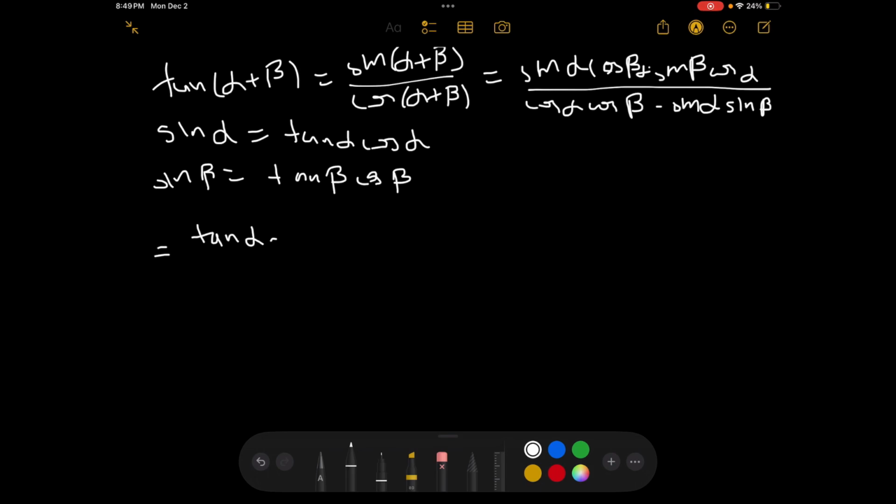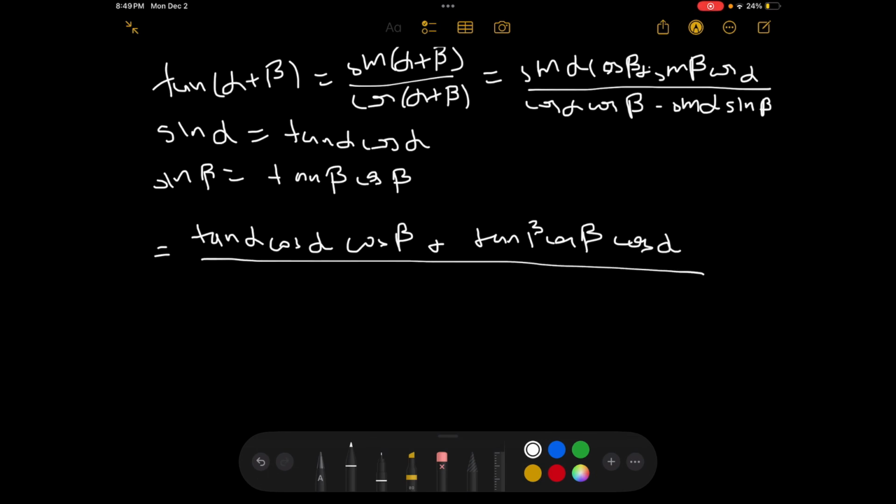You have tangent of alpha times cosine of alpha times cosine of beta plus tangent of beta times cosine of beta times cosine of alpha, over cosine of alpha times cosine of beta minus tangent of alpha times cosine of alpha times tangent of beta times cosine of beta.